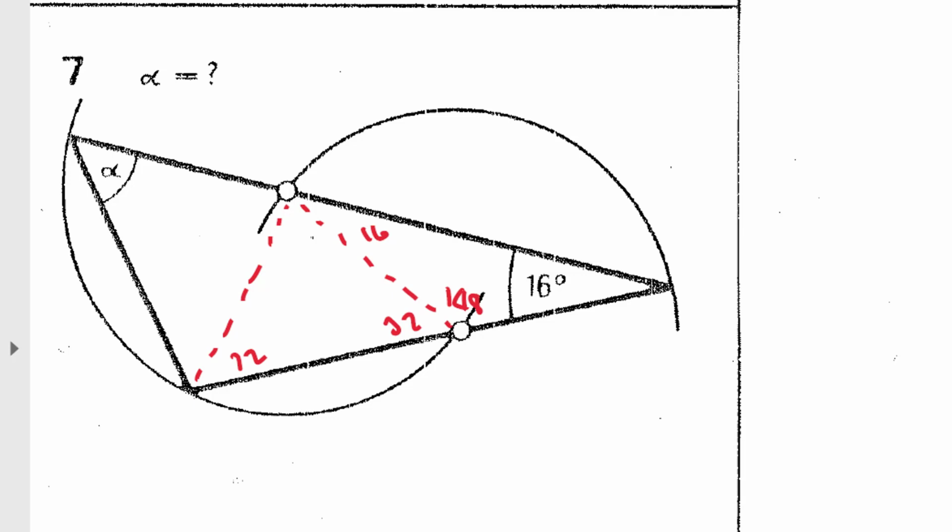That makes this 116. And then I subtract from 180 to get that this is 48. And it's another isosceles triangle, which means that these base angles are the same, which makes these both 66.